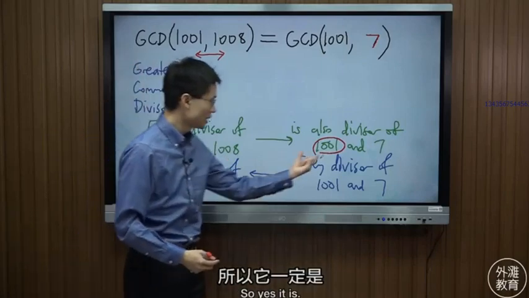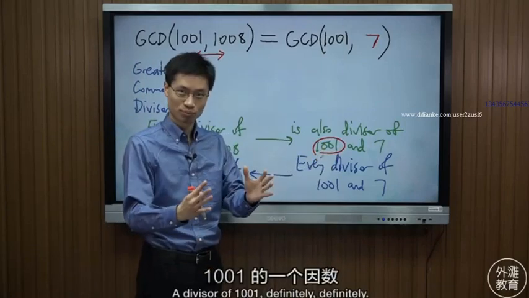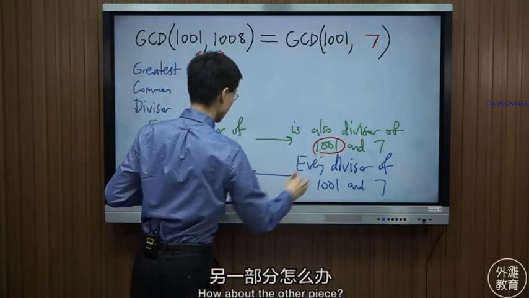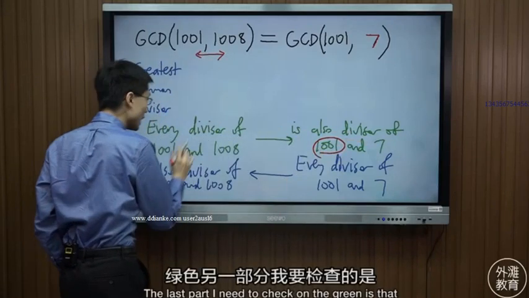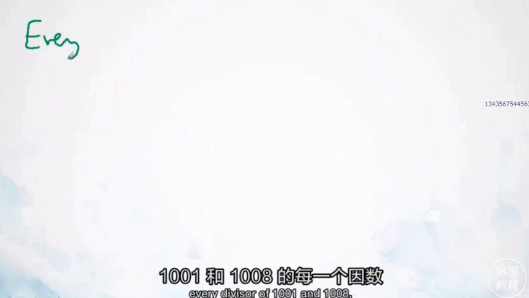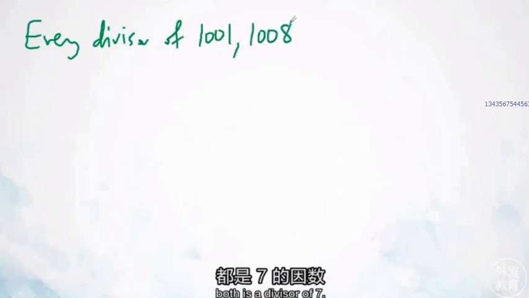So, yes, it's a divisor of 1001. Definitely. How about the other piece? The last part I need to check on the green is that every divisor of 1001 and 1008 both is a divisor of 7.